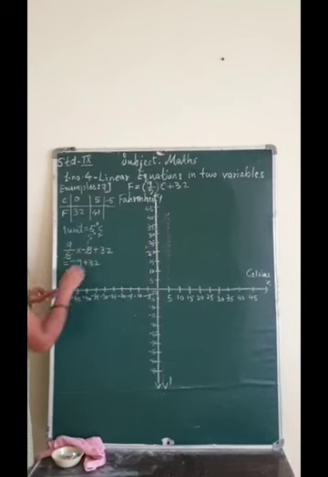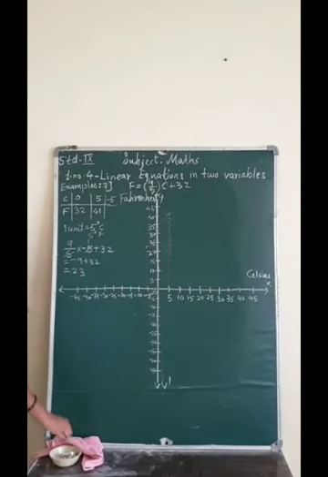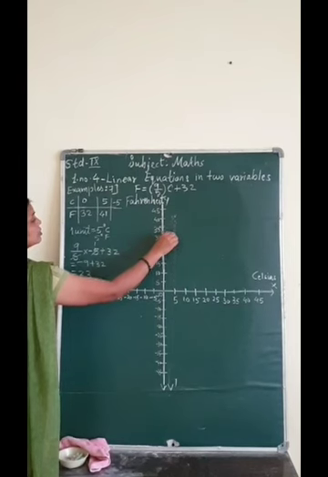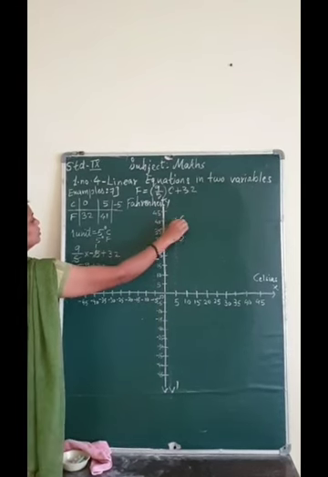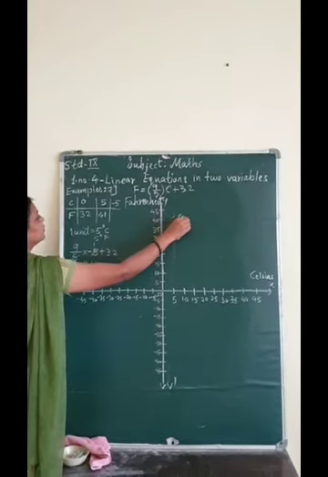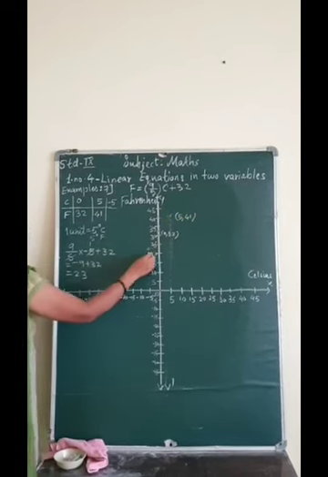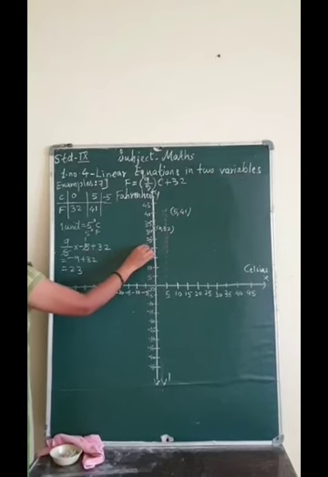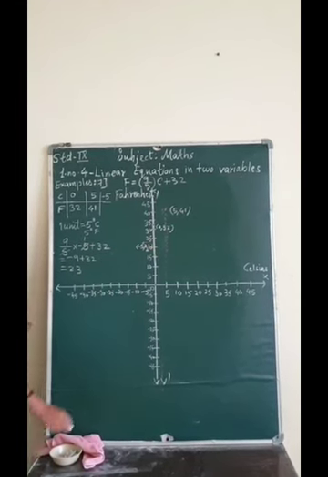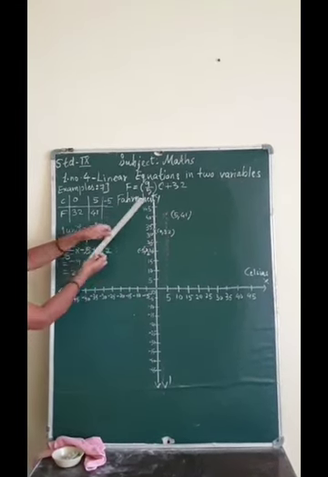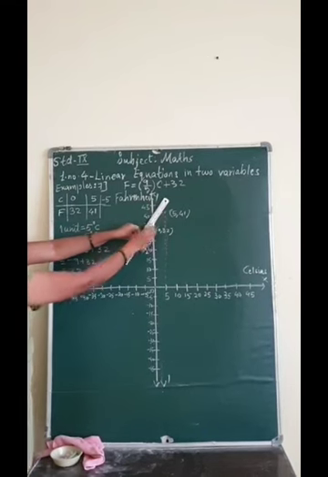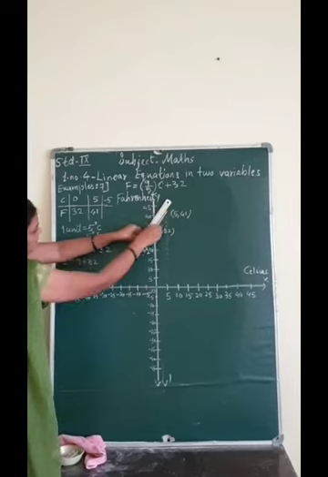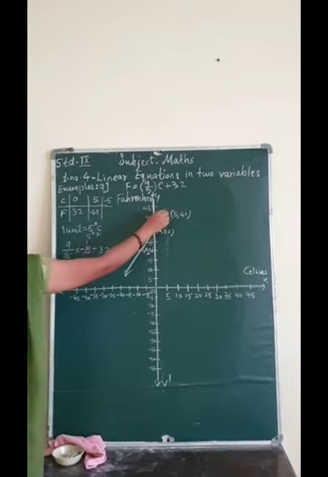Now write the coordinates for these points. This is (0, 32). This is (5, 41). And this is (minus 5, 23). And now join these points, you get a straight line or linear graph like this.